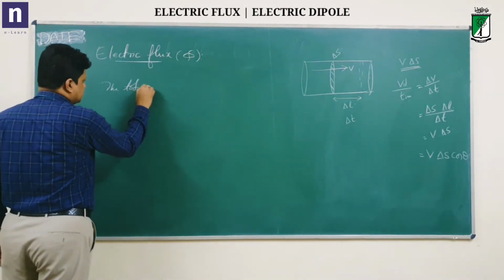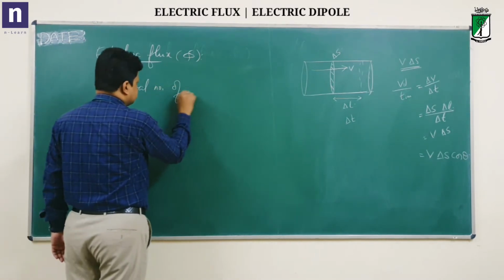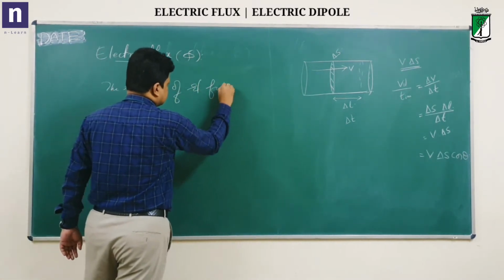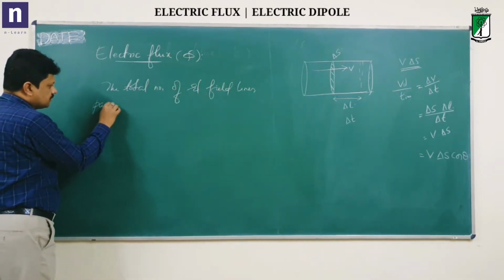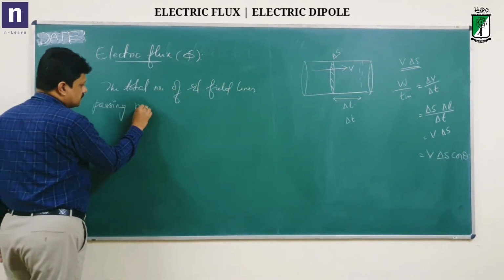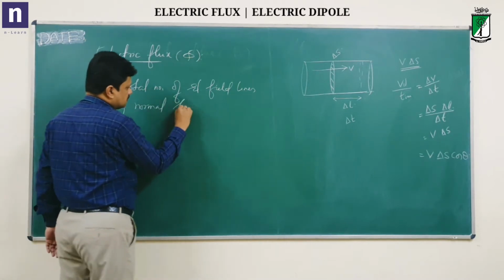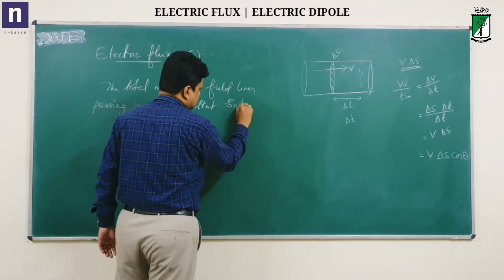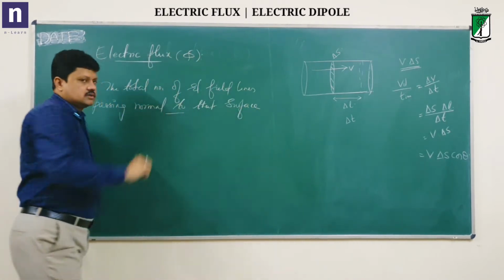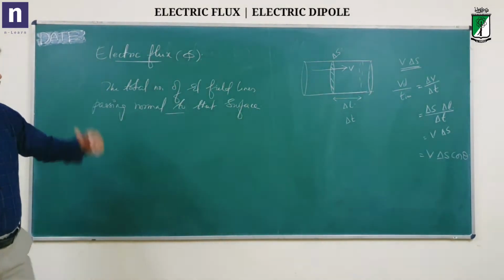The total number of electric field lines passing normal to that surface.